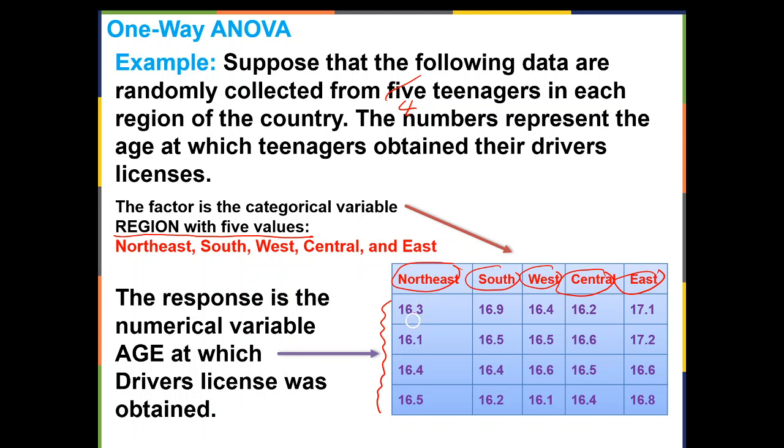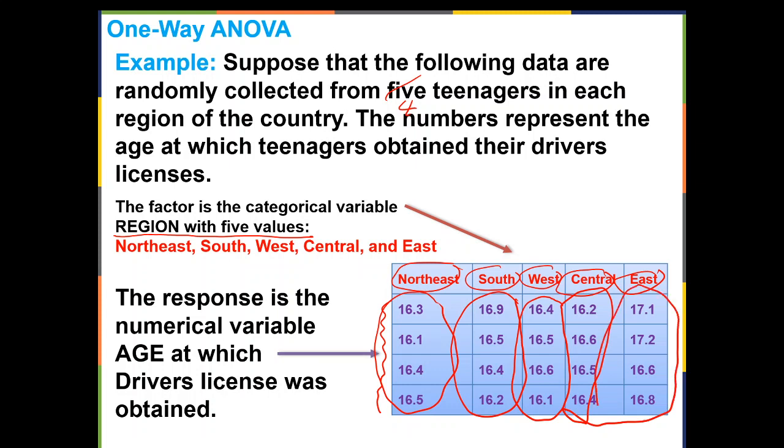So basically we took a sample of 4 teenagers from each region, and then recorded the age at which they got their first driver's license, right? That's it. Now again, we get x bar 1, x bar 2, x bar 3, x bar 4, and x bar 5.